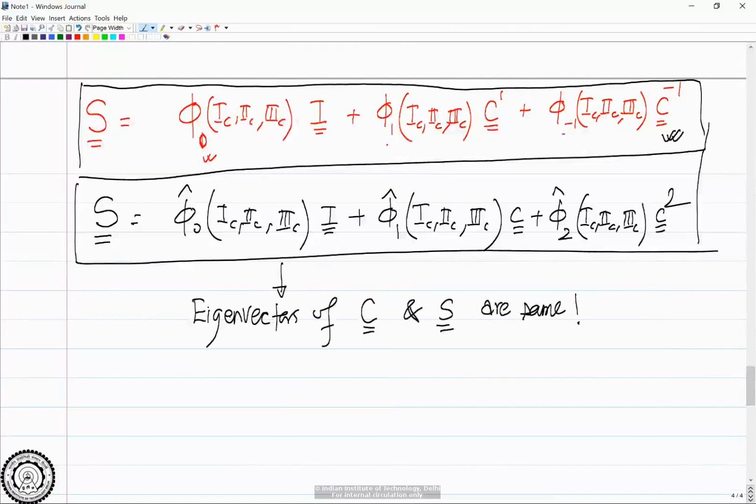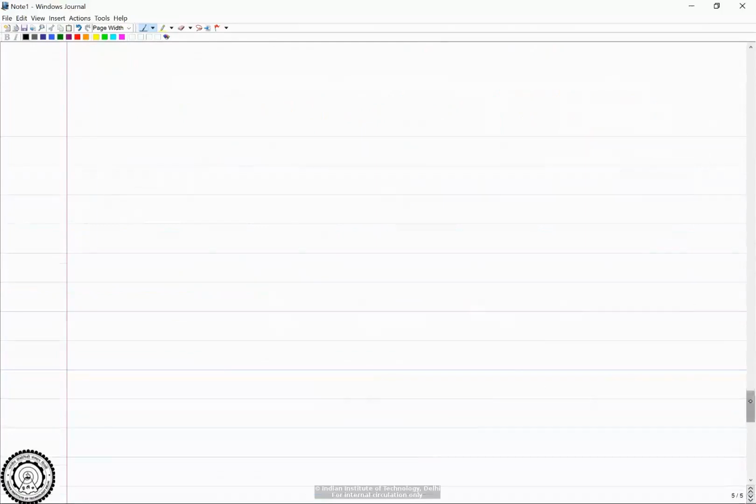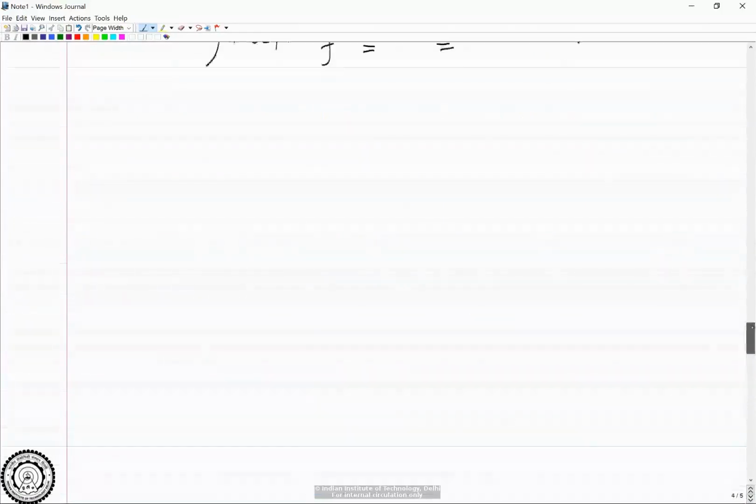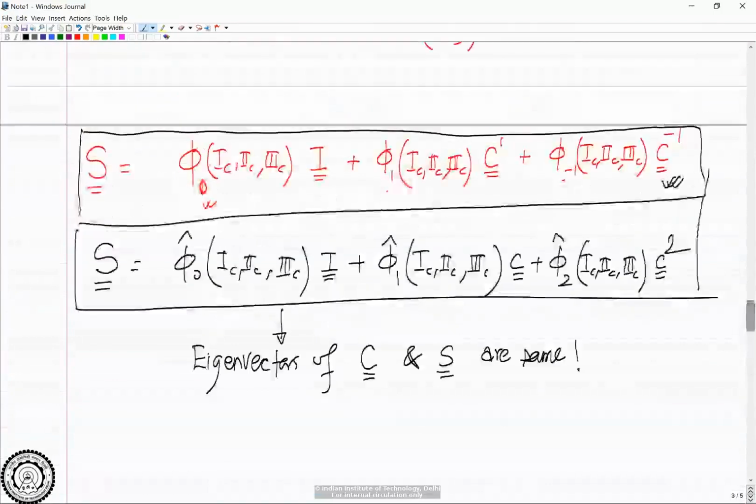Can you see it? The eigenvectors of C and C square are the same, and that can also be the eigenvector of identity, because anything is an eigenvector of identity. So the whole thing on the right hand side has the same eigenvector as C, and therefore the left hand side will also have the same eigenvector as C.